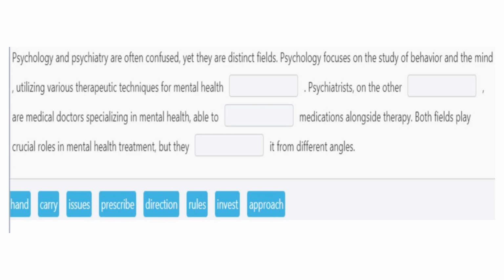Four V1s we have. Now, which would be the better one? Let us read the sentence again. A medical doctor specializing in mental health is able to prescribe medications. Okay, we'll make it easy. Medications are medicines, right? So are able to prescribe medicines alongside therapy.